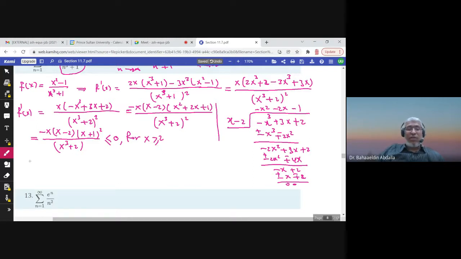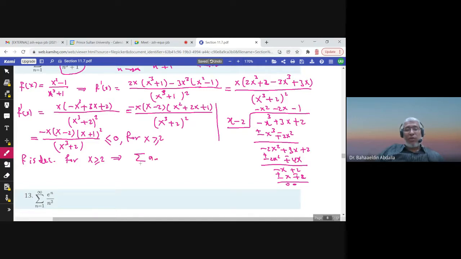This means that f is decreasing for x greater than or equal to 2. So the two conditions are satisfied.